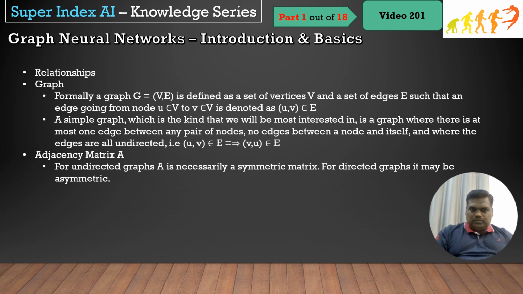It means the simple graph doesn't have self loops. There are no multiple edges between the same pair of nodes. So a simple graph we can draw very easily, and we can also denote that by UV. For every UV there will be a VU. It's undirected, actually.